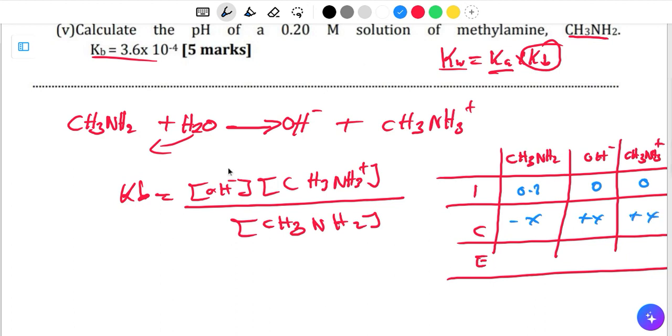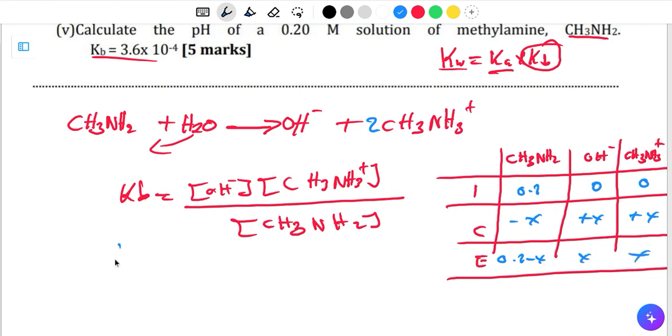You know the reason why we're adding plus x. Let's say, for example, if here we had a 2, you would need to say plus 2x. It just depends on the coefficient that you have. It's not always minus x, plus x. It just depends on the numbers that you have. The change here is 0.2 minus x, then here x, and then x.